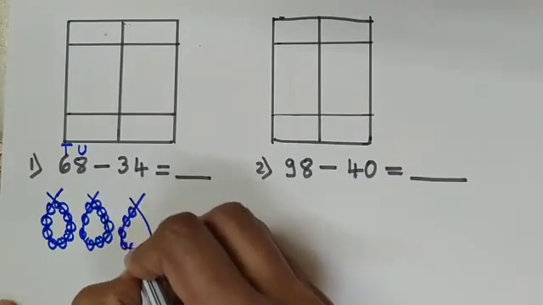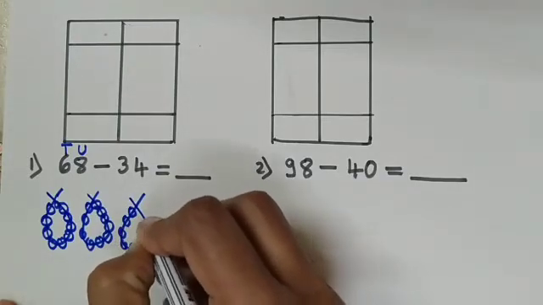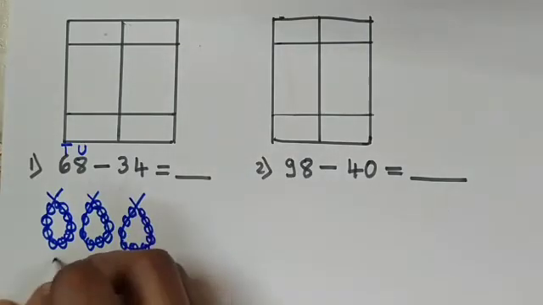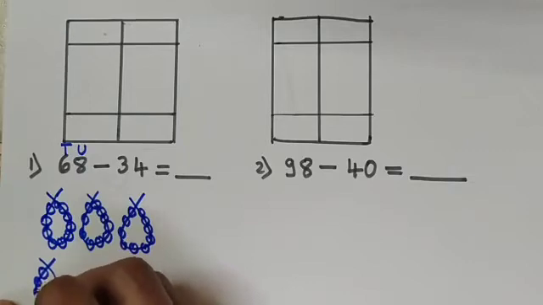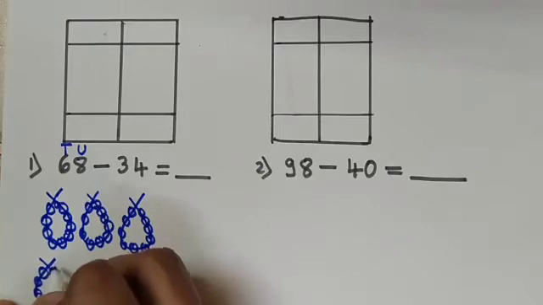Three, 4, 5, 6. One, 2, 3, 4, 5, 6, 7, 8, 9, 10.